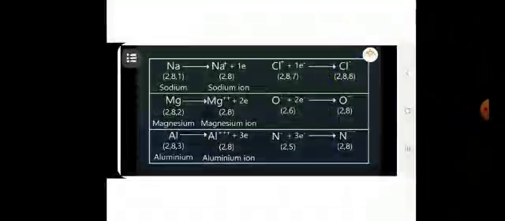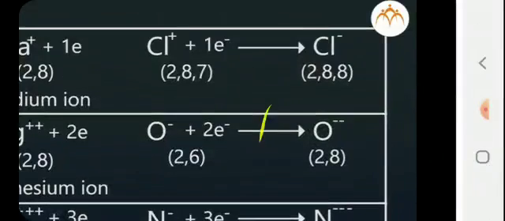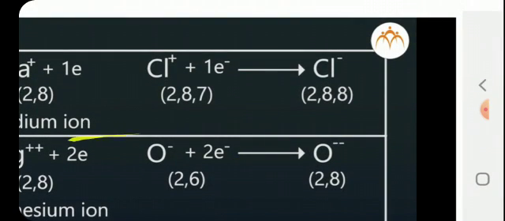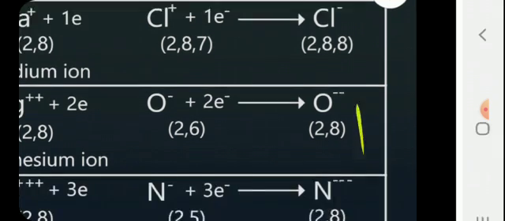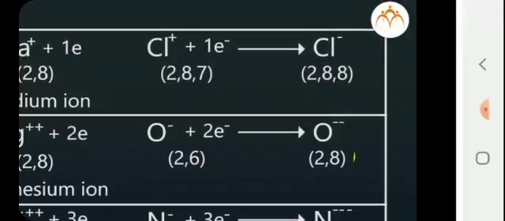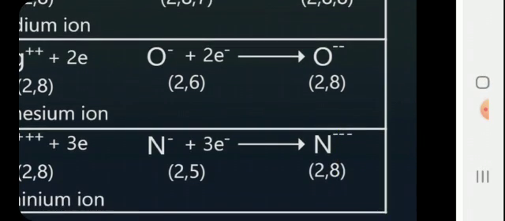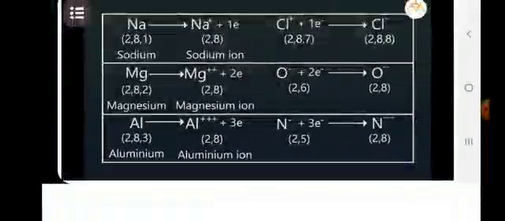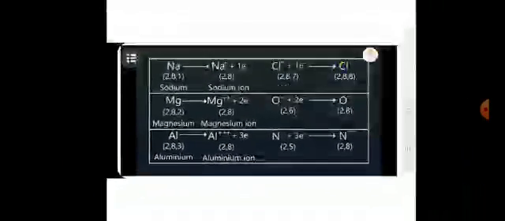And in this slide you can see non-metals accept electrons and anions, negatively charged ions, are formed. Chlorine accepts one electron, oxygen accepts two electrons and nitrogen accepts three electrons, and anions are formed. So metals have tendency to form cations and non-metals have tendency to form anions. Is it clear to you all?